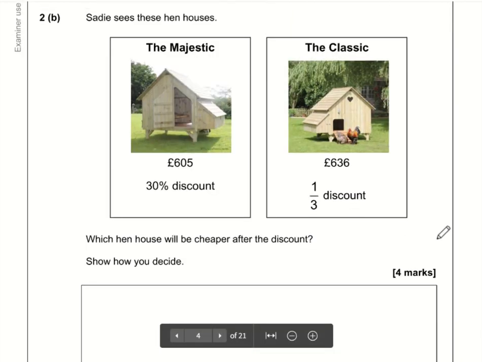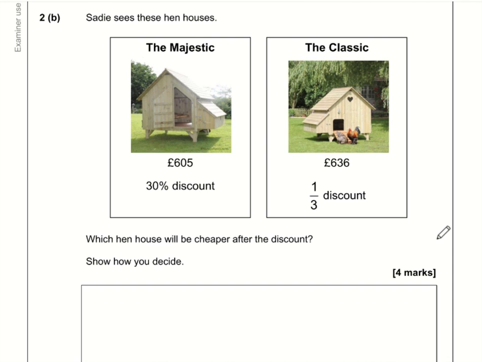Okay, Sadie sees these hen houses. Which hen house will be cheaper after the discount? Okay, so let's look at the Majestic. So I'll just write M for Majestic. So if it's 30% discount, 30% off, then that means you pay 70% because 100 minus 30 is 70. So for the first part, the question is basically what is 70% of £605?